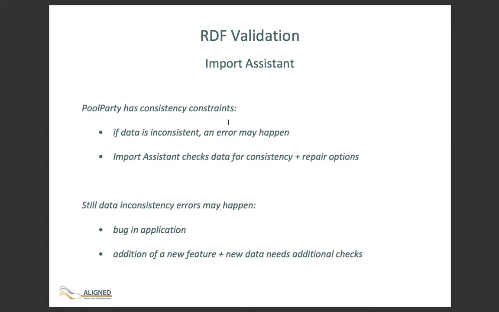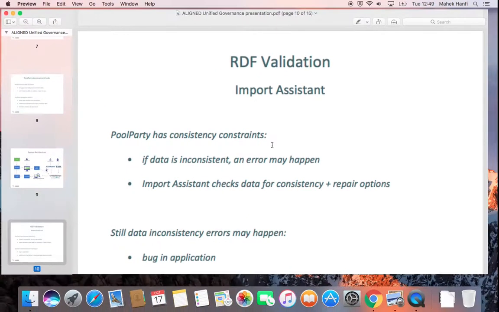If violations are found, the user has the possibility to apply a repair strategy and correct the problems. But if an inconsistency happens after performing the validation, it may be because of a bug in the application and we need to add a new feature or additional check to ensure the consistency of data. We will see more about that in our demo.